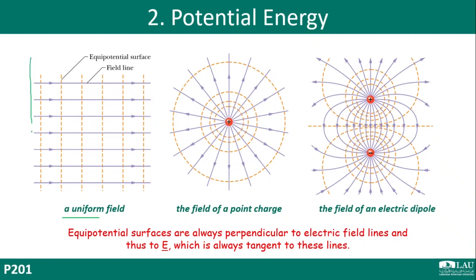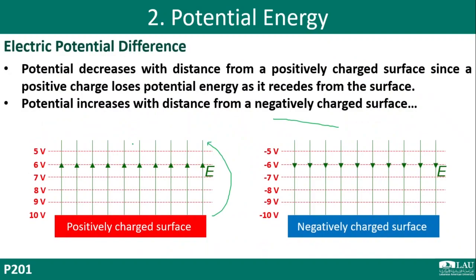So here we have a straight line or a plate, positively charged, and here we have a negative plate. So it's similar to rotating these two rods and putting one opposite to the other one.